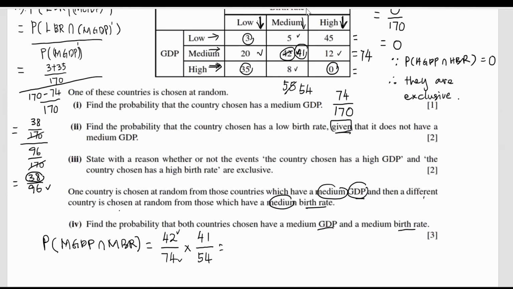Then we can use the calculator, and the answer is 0.4309, so 0.431. That is the answer for part 4.